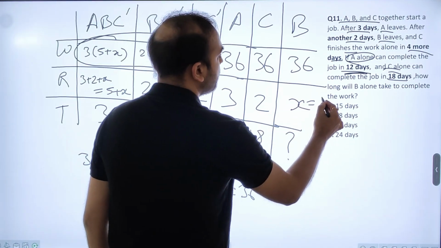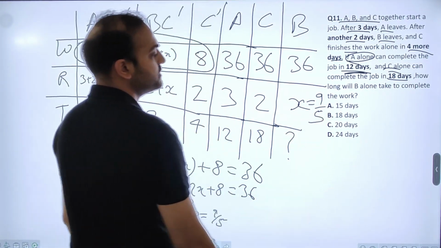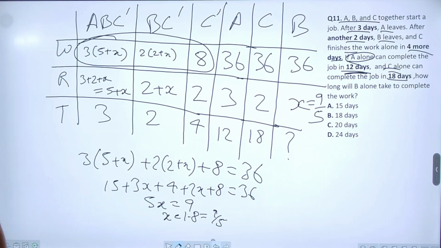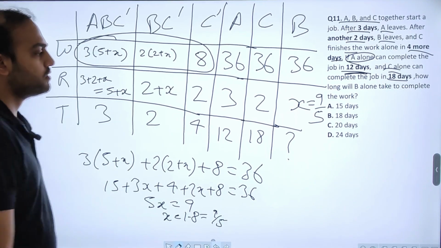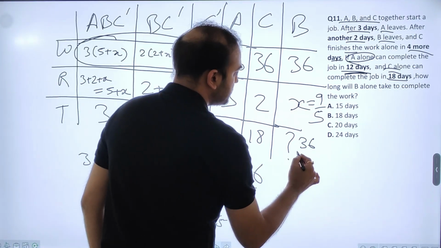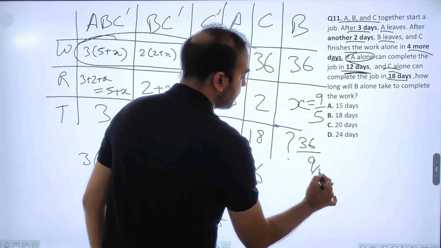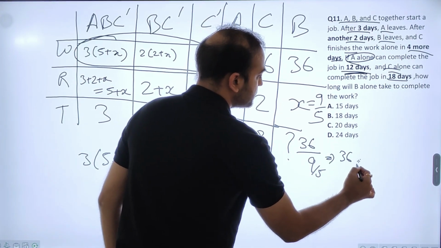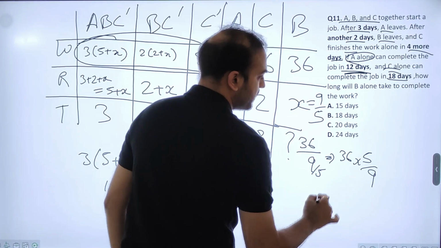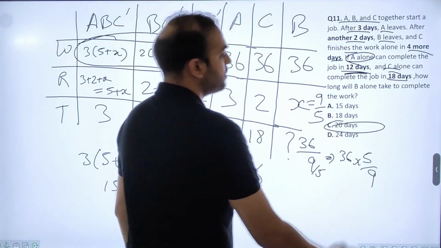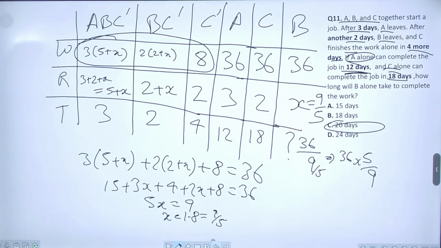So again, rate of B is 9 by 5. So how much time will B take alone? 36 by 9 by 5, which is 36 into 5 by 9. That's 20 days. Okay, I hope you understand this.